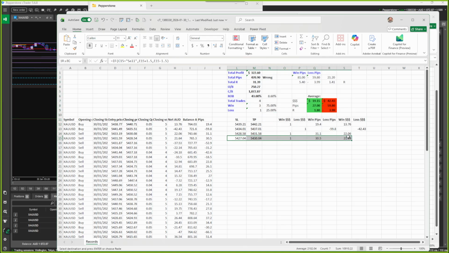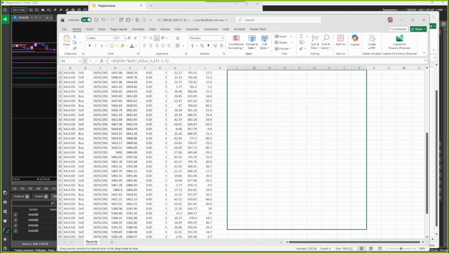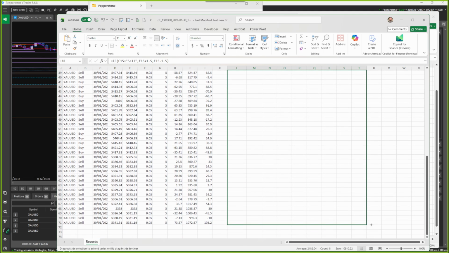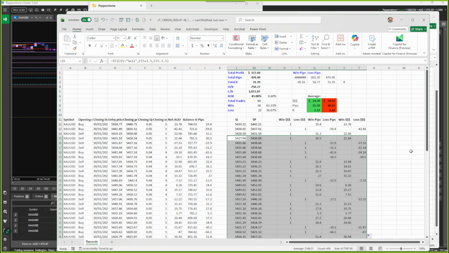I'm going to run this down to get the exact weight. I have made 1,352 pips. I've lost 881, which leaves me 470 pips, which is 31.39R. I started with $750 in the bank. I finished with 1,072, which is a 43% return on bank. Is that today? Yeah.